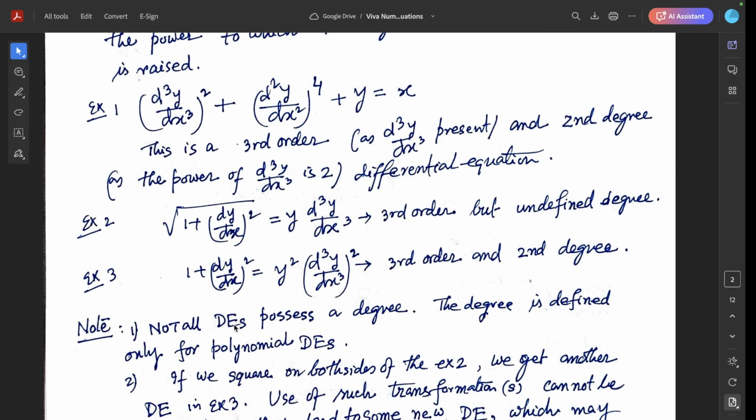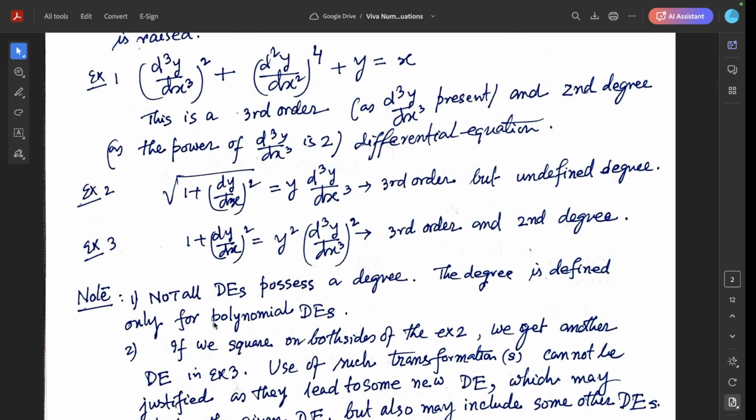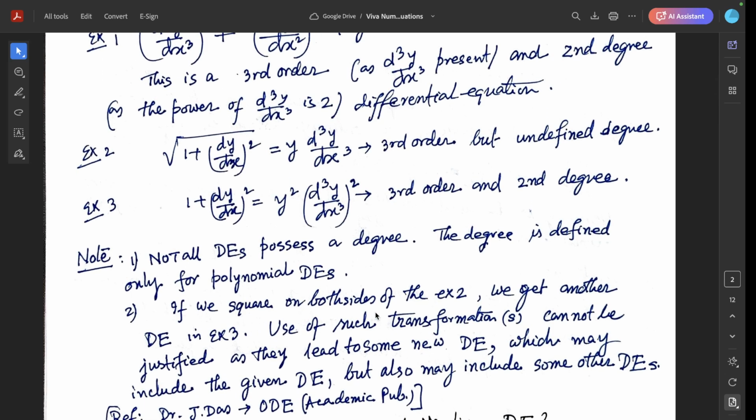Note that not all differential equations possess a degree. The degree is defined only for polynomial differential equations. Now if we square both sides of example 2, we get another differential equation in 3.